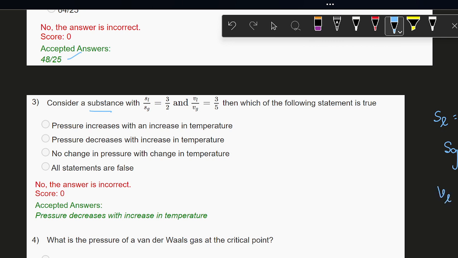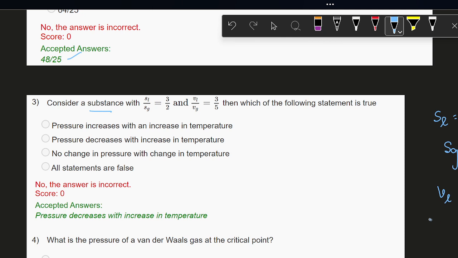Similarly, VL is the volume of the liquid state of the system and VG is the volume of the gaseous state of the system.